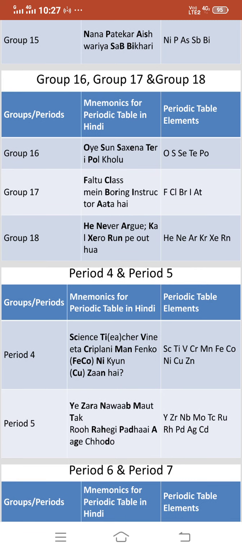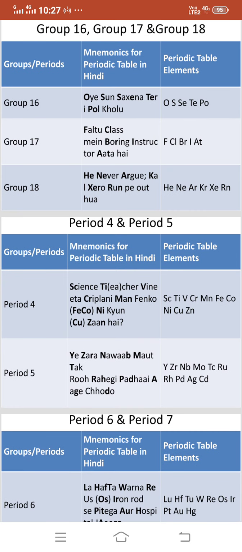Now the next important mnemonics are for period 4 and period 5. You know, these are the elements of D block, also called transition elements. So the mnemonic for period 4: Science teacher विनीता कृपलानी मैन फेंको नी क्यों जान है.